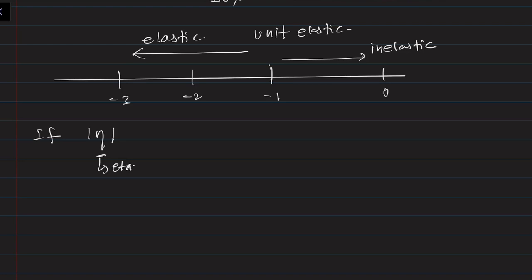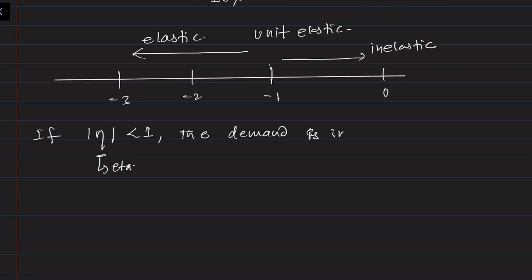So if the absolute value of elasticity is less than 1, this means for every 1% change in price, quantity demanded changes by less than 1%. If that's the case, then we say the demand is inelastic.